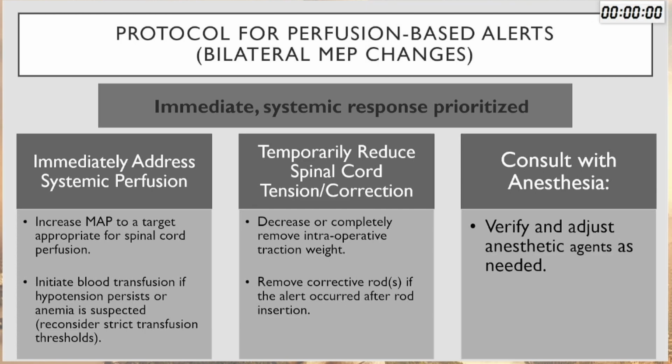Temporarily, if you have excessive traction, you should reduce this traction. And if you have already done your correction, you either remove the rods, and you should talk to your anesthetist if he can adjust the agents that he's giving to the patient to improve his blood pressure.